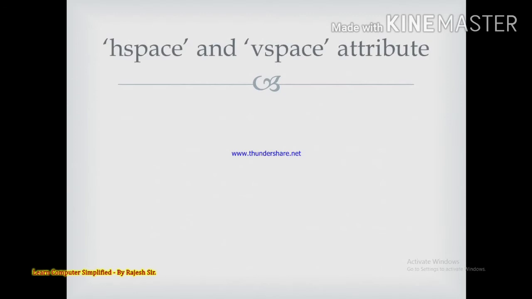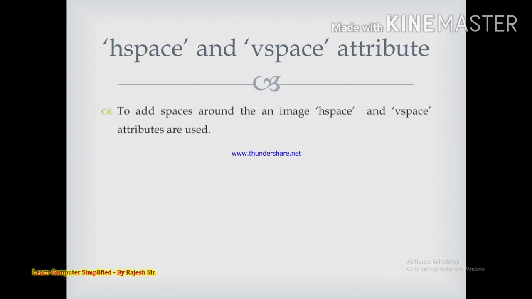Next is HSpace and VSpace attribute. To add spaces around the image, the HSpace and VSpace attributes are used. By default, if we are not providing HSpace and VSpace, the additional content along with the image, that is the text part, is directly intact with the image borders.